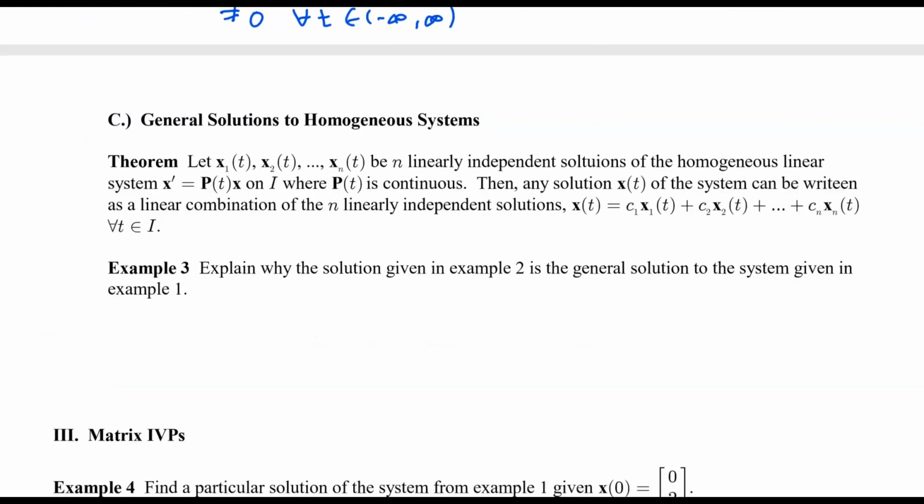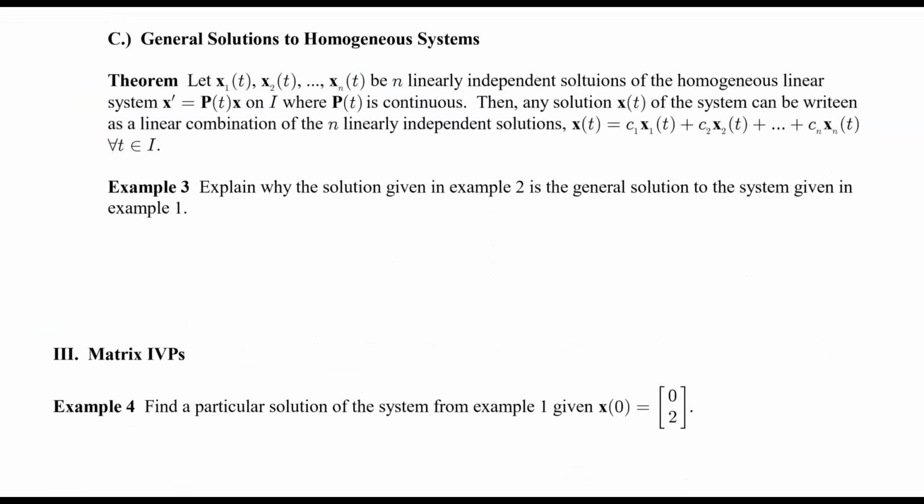So this leads us to the conclusion about finding the general solution to a homogeneous system. Theorem: let x sub 1, x sub 2 up to x sub n be n linearly independent solutions, sorry for the misspelling there, of the homogeneous linear system x prime equals P of t x on I, where P of t is continuous.